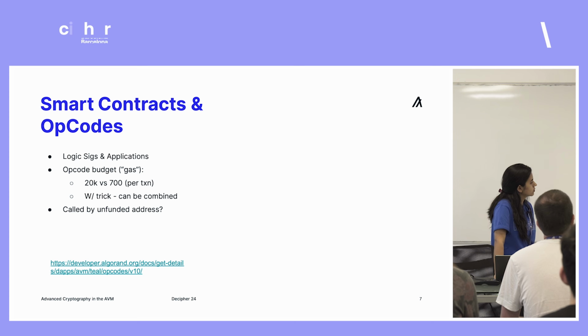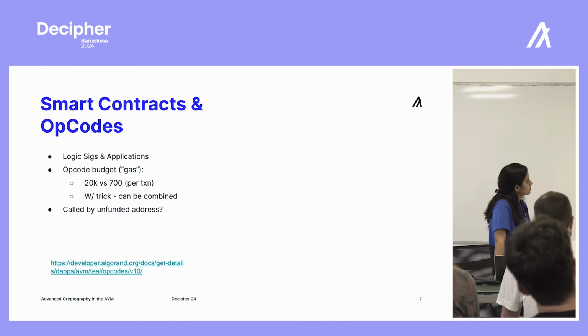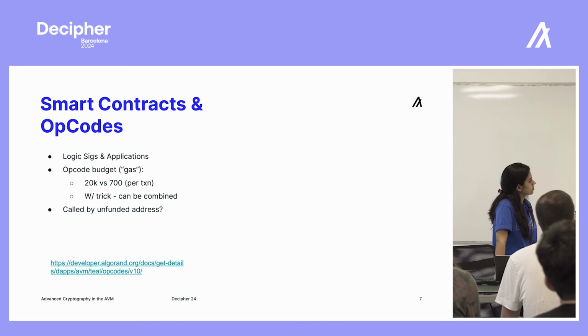And I'm not sure if I've heard that much about this being used in other chains, because this allows for what we can call relay-less protocols, where on other chains they might require a third party, or whoever's running the protocol, to jump in and call the smart contract on behalf of a new user.